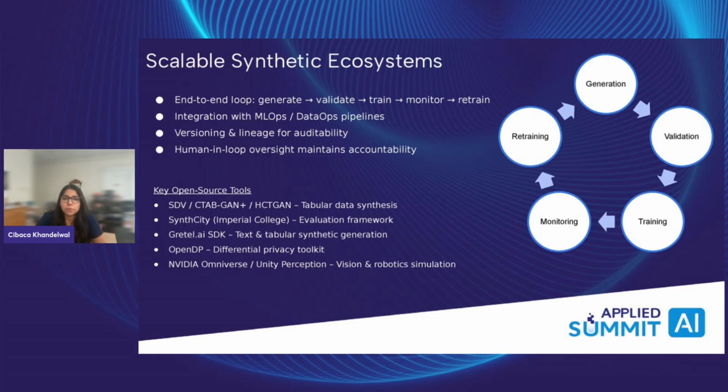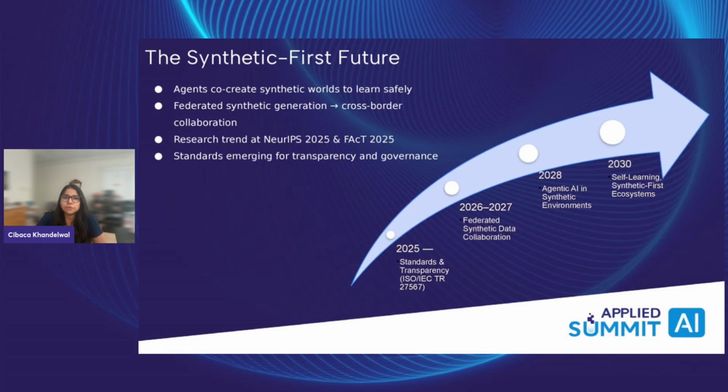Lastly, before we close, I would like to move on to the next topic, which is what's in the future for synthetic data. We have seen that day to day, agentic AI, generative AI models, lots of different terms are evolving at a very fast pace and exponential speed. What we see is the rise of a synthetic-first mindset. Instead of collecting first and training later, we try to simulate first to learn safely.